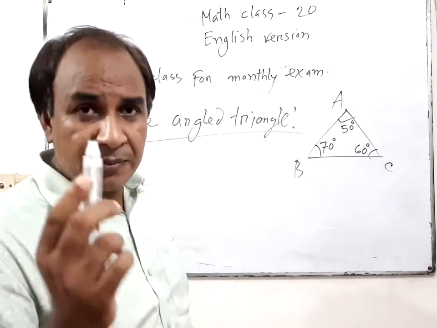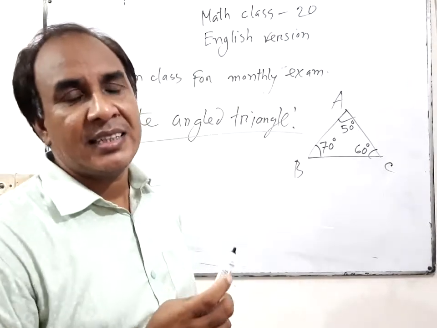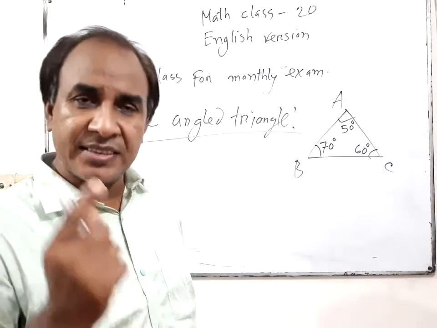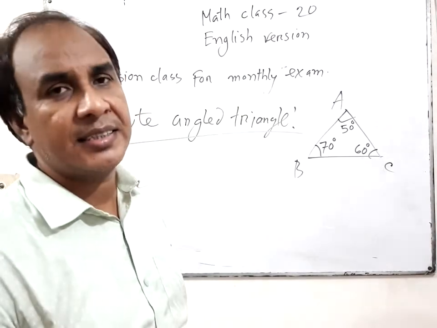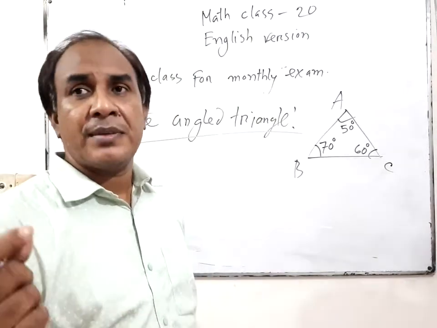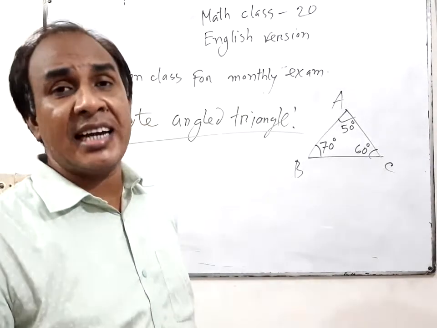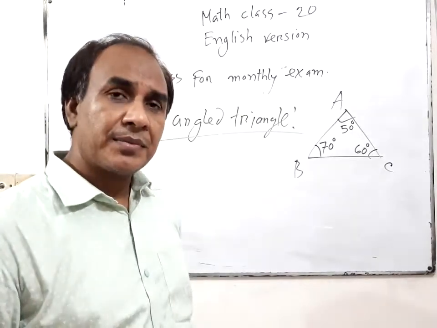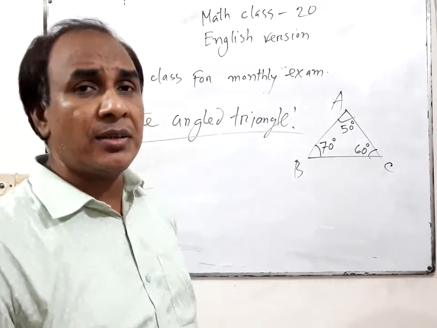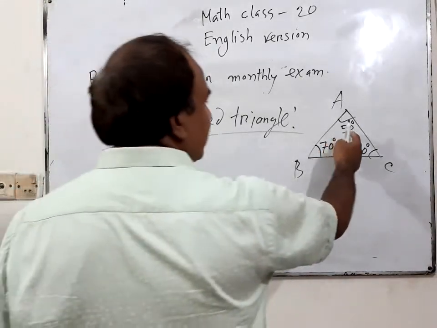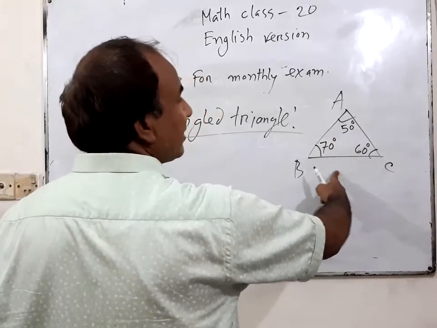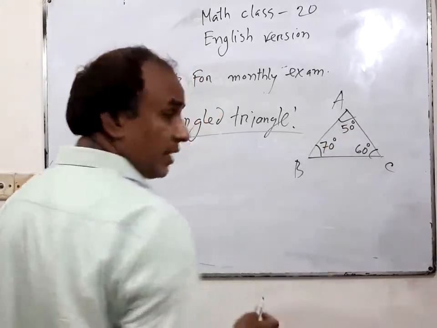This is the formula we have to keep in our mind: the sum of the 3 angles of any type of triangle is equal to 180 degree. That means when we add the 3 angles, we will get the sum 180 degree.